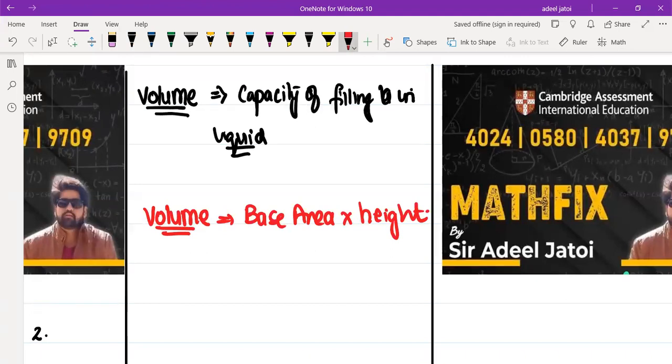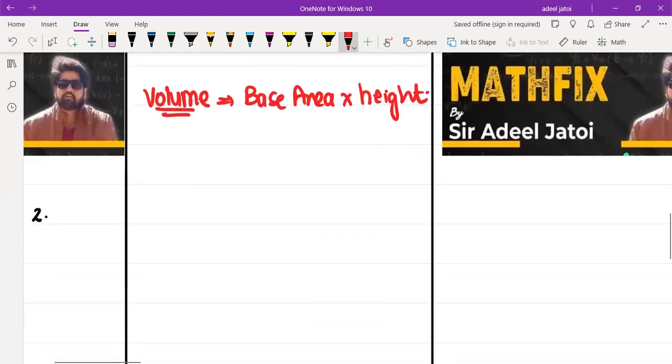Like we can use this in the circular prism, we can use this in the rectangular prism, we can also use it in the normal triangular prism, we can use it anywhere. But for that, what you need to understand is what volume is. Volume is base area into height.